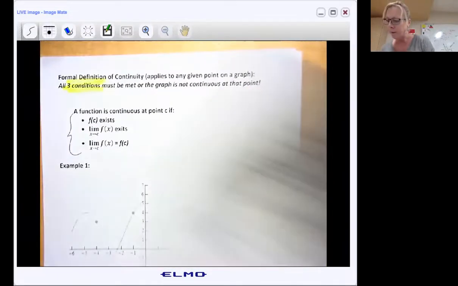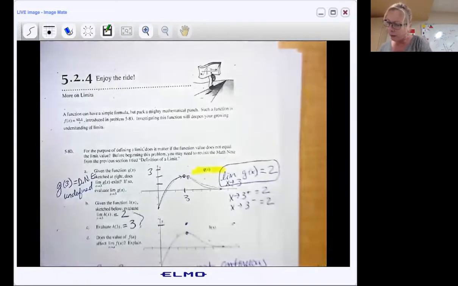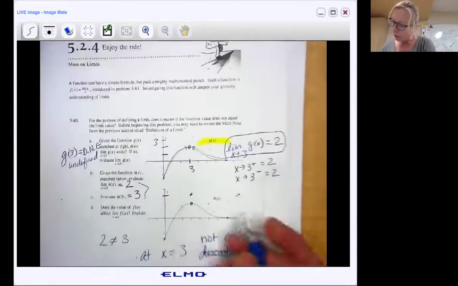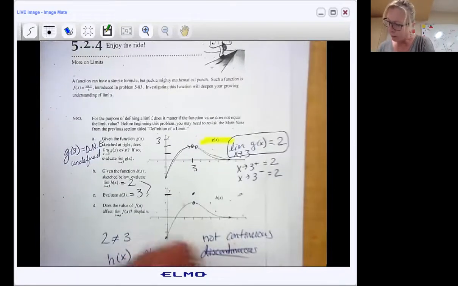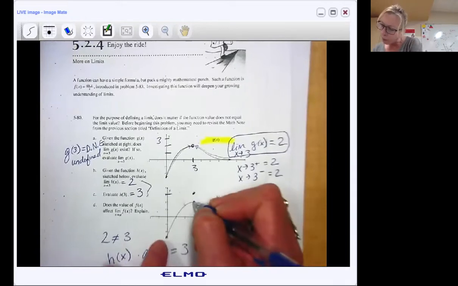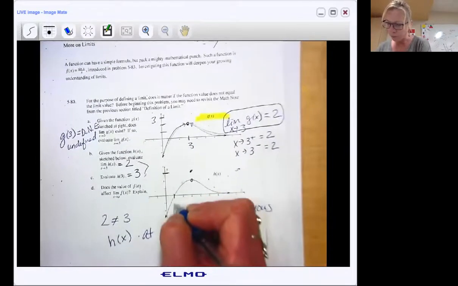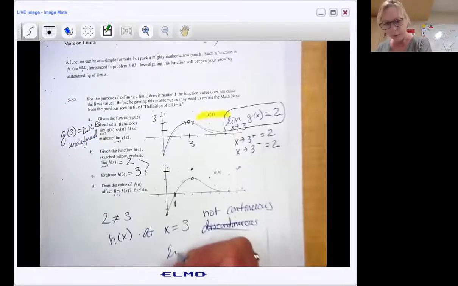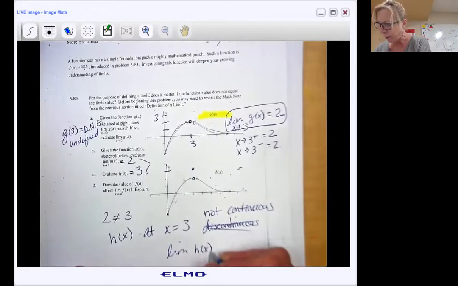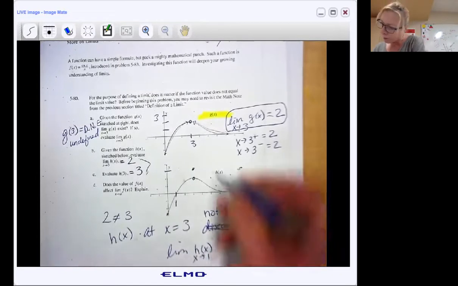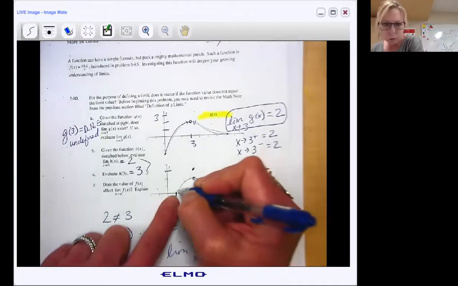So going back to this example, g of x and h of x. H of x at x equals 3 was not continuous. But at every other point on the graph, say I wanted to evaluate the limit at 1, the limit of h of x as x approaches 1, looking at both sides, we're approaching 0.